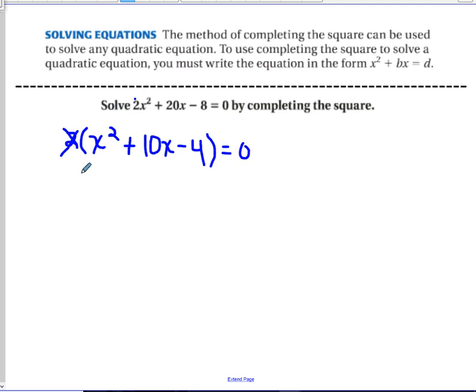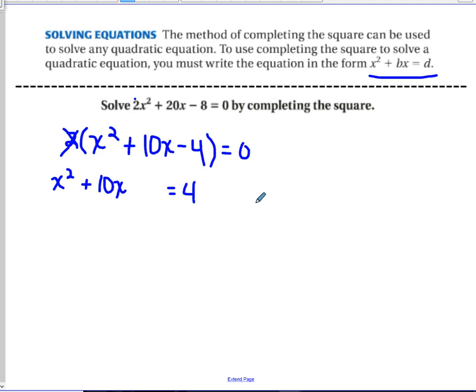All right, the next step is I need to get it in the form of x squared plus bx equals d, meaning that I need to get my c term over to the other side, okay? So I'm going to say x squared plus 10x, and I am going to equal that to 4, okay?